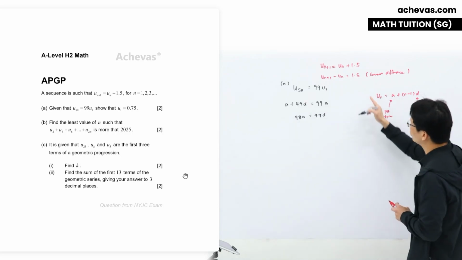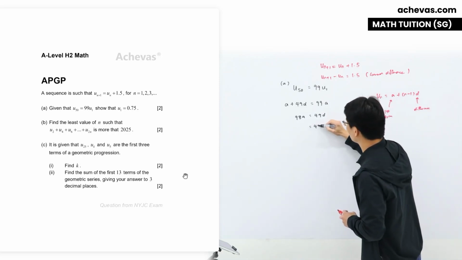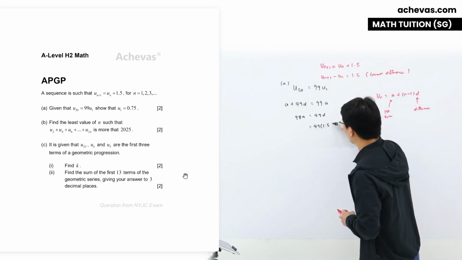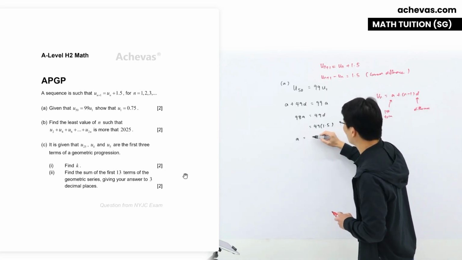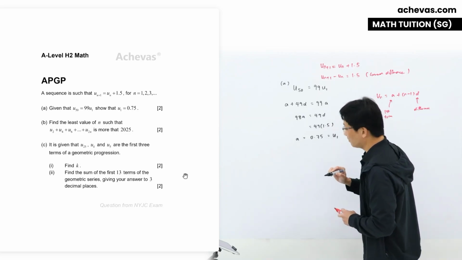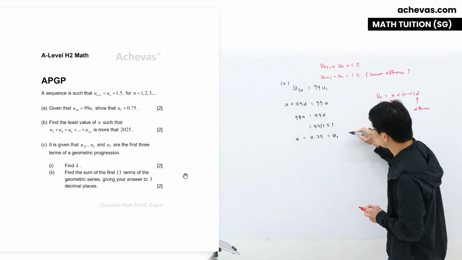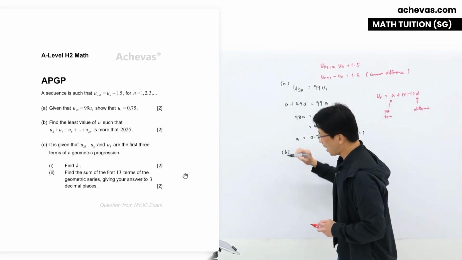Since we already showed that 1.5 is the common difference, I can substitute 1.5 into my d. Solving for a, I will get a value of 0.75. And this is the first term that I needed to show. Right, so shown. Let's look at part B.